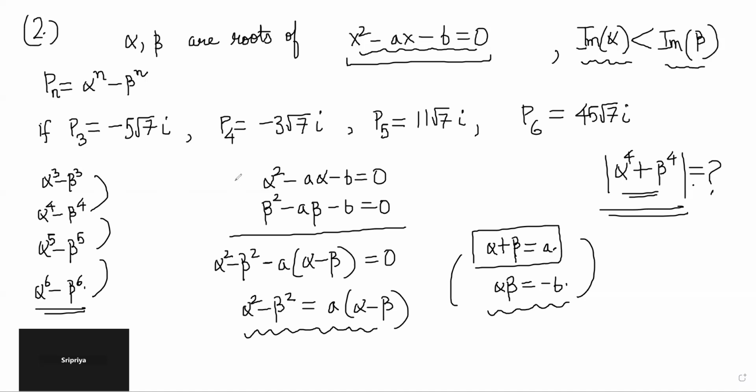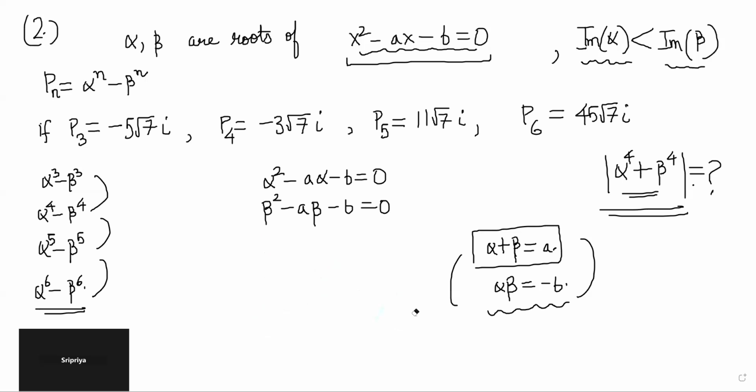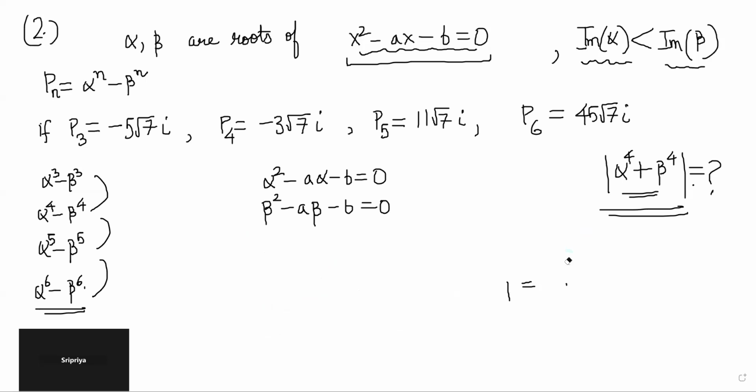So what I will do is take this equation and multiply it with alpha power n minus 1. Take this and multiply it with beta power n minus 1.